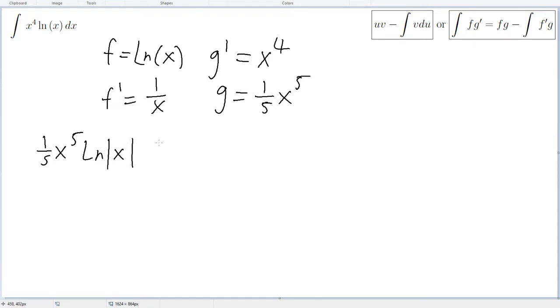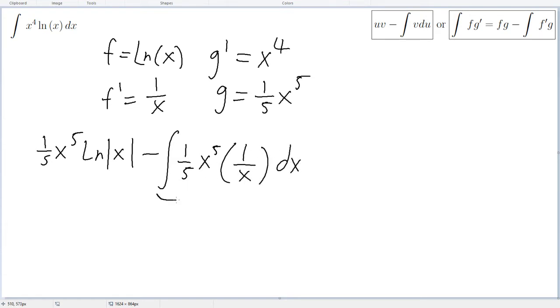Okay, now when you do antiderivatives, doing ln of x, it has to be absolute value. And then minus integral of 1/5 of x to the power of 5 times 1 over x dx.